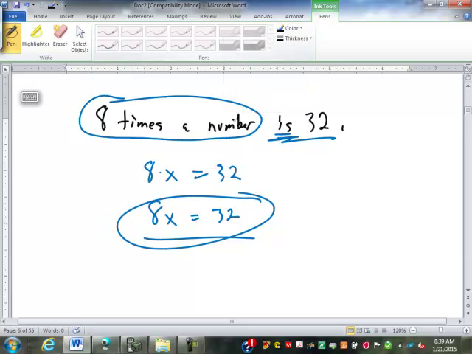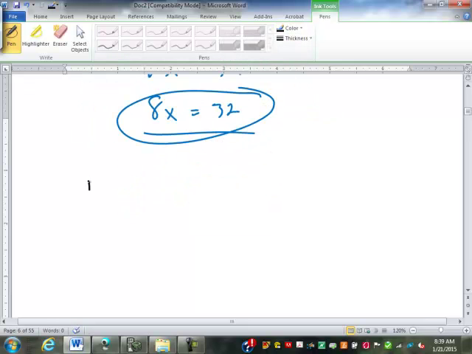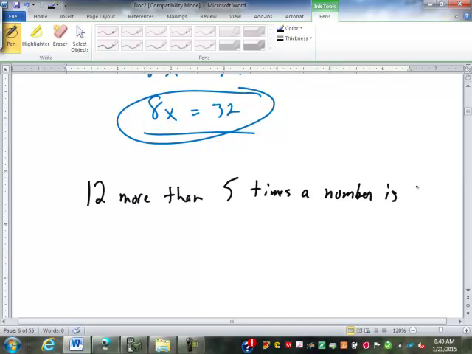Or we might have 12 more than 5 times a number is 84.